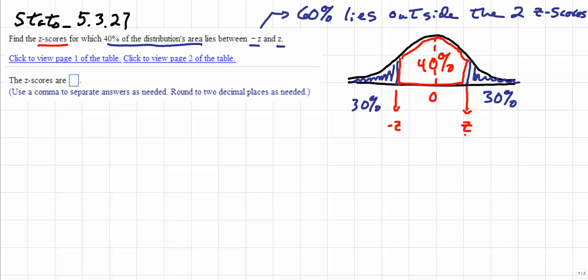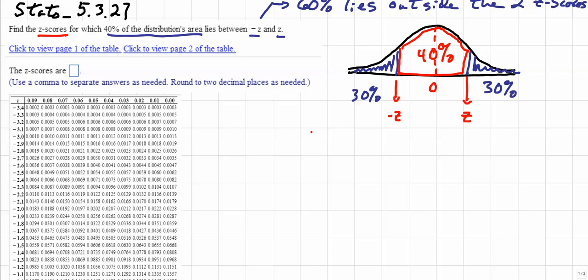In order to do this, we'll need to use our tables for the standard normal distribution. Okay, and what we're going to do is look for 0.3 in the table, because that's what this represents.